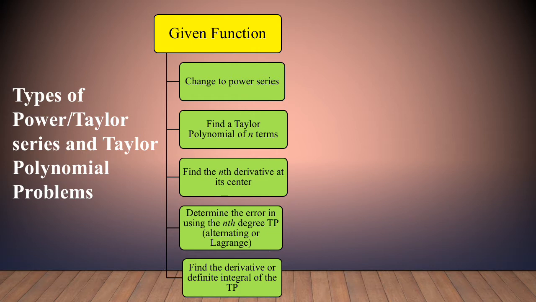Based upon that series, we can find a Taylor polynomial of n terms. We can find the nth derivative of that expression at its center, and then determine the error in using the nth degree Taylor polynomial, either as an alternating series or a Lagrange series. And then finally find the derivative or definite integral of the Taylor polynomial.